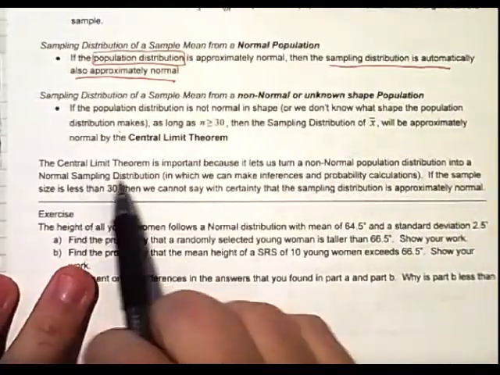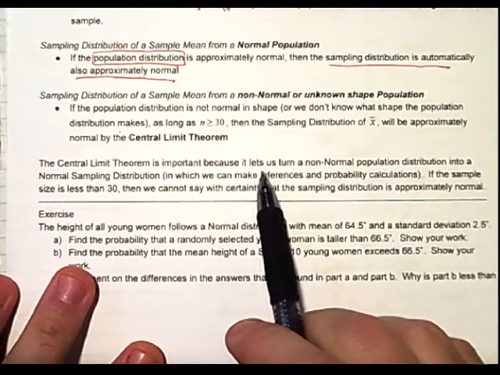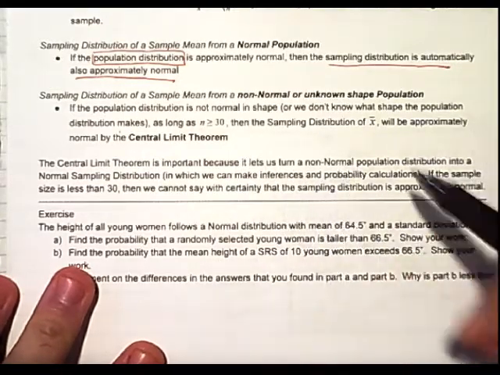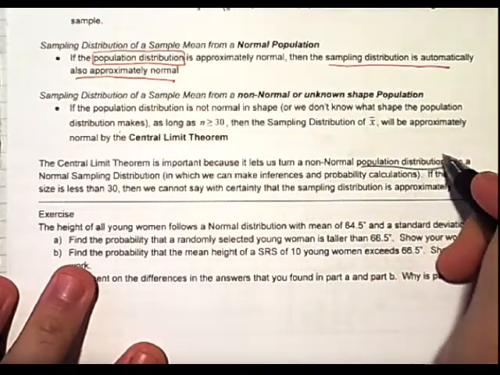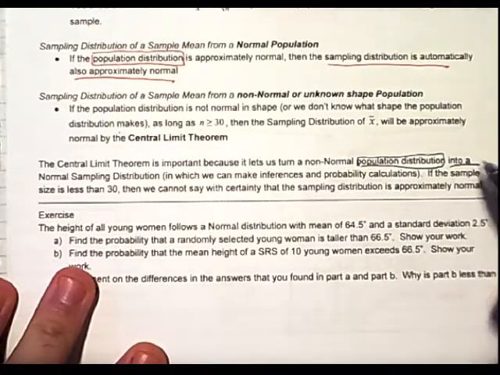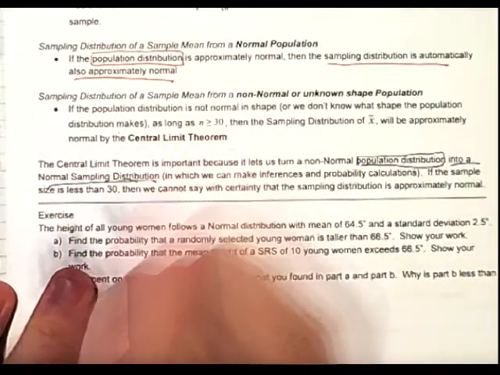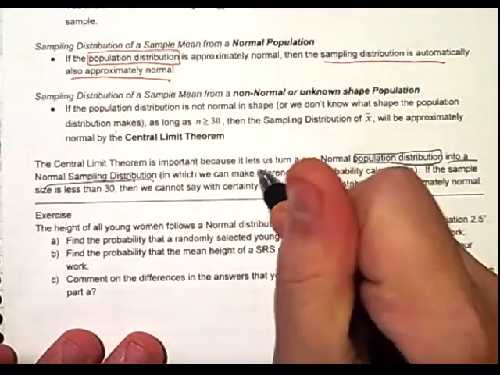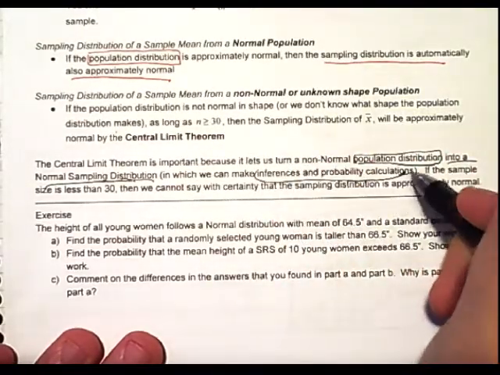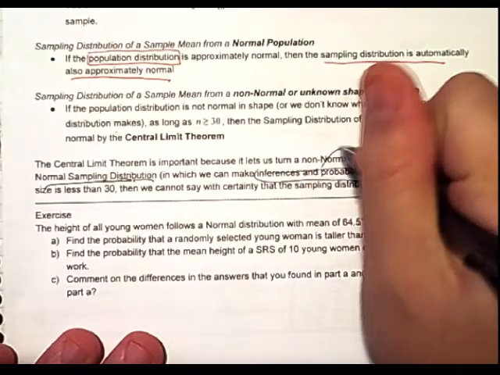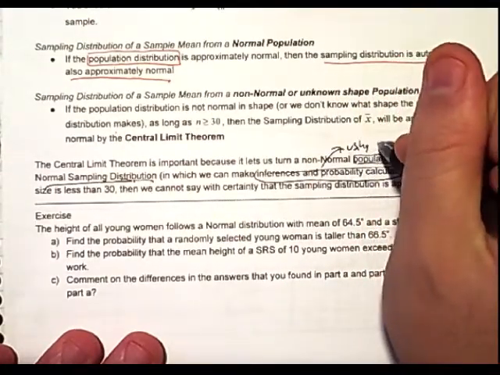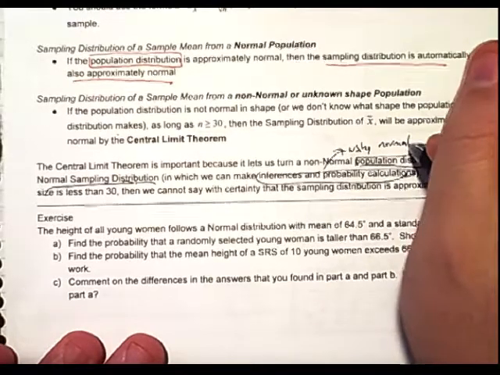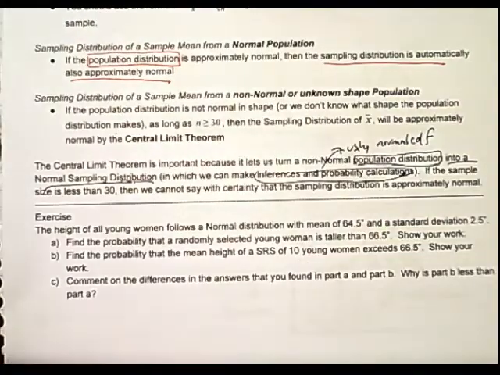It says the central limit theorem is important because it lets us turn a non-normal population distribution into a normal sampling distribution. And then that lets us make inferences and probability calculations, basically using the normal CDF function on our calculator.